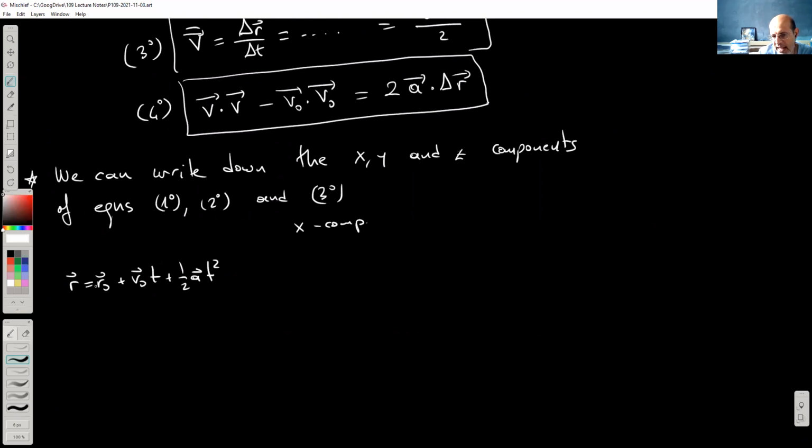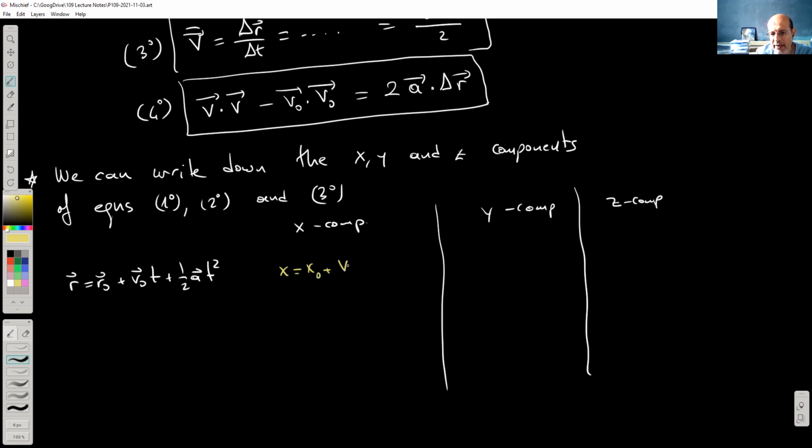I just look at the X component of that equation, Y component of that equation, and the Z component of that equation, and write them down separately. So let me use a yellow color for that. So I can write X is equal to X0 plus V0x t plus 1/2 of AX t squared, right?